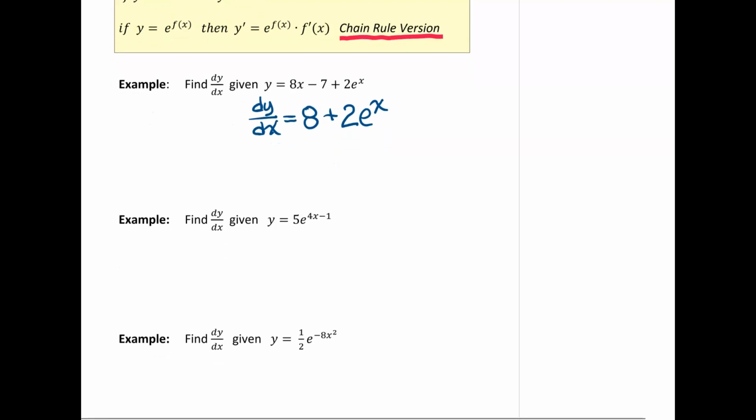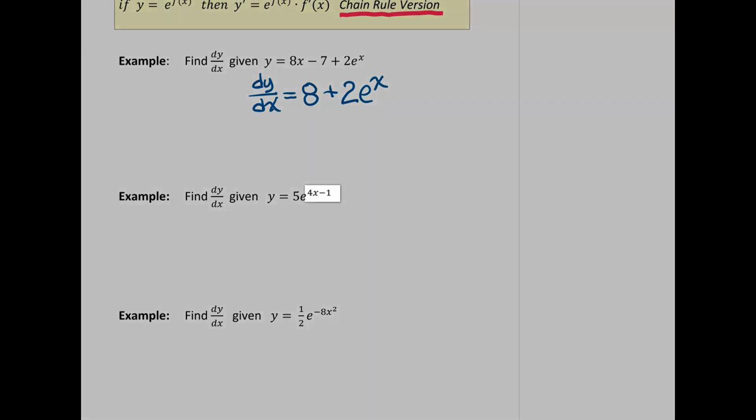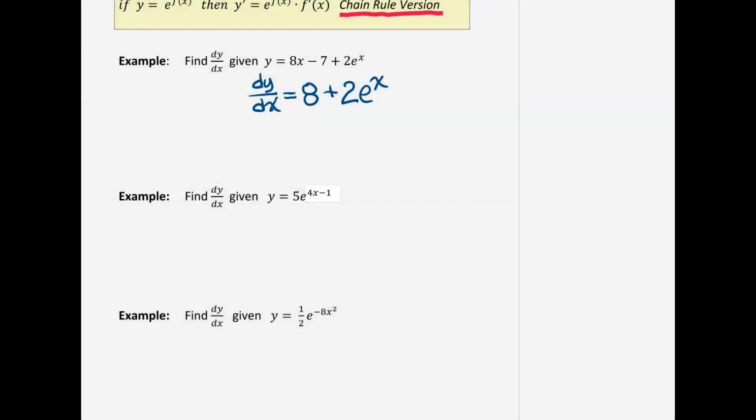Our next example has a little bit more complicated of a function. You notice on this one we have 5e to the 4x minus 1. That 4x minus 1 is a linear function that's in my exponential function. So this is going to require a chain rule. So my derivative, my dy dx, the 5 being a coefficient stays there.